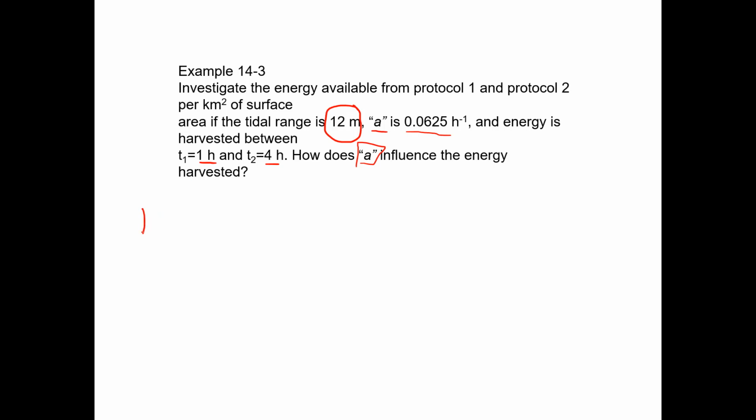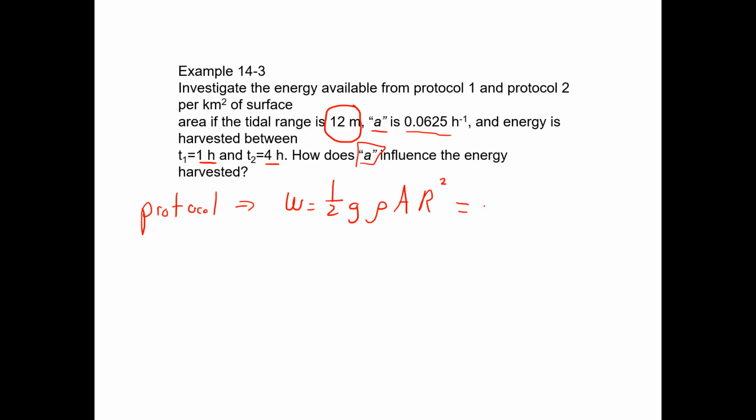I'm not going to fill in all the math, but let's look at this as a quick comparison. For protocol 1, the energy is going to equal 1/2 g rho times the area of the pool times r squared.